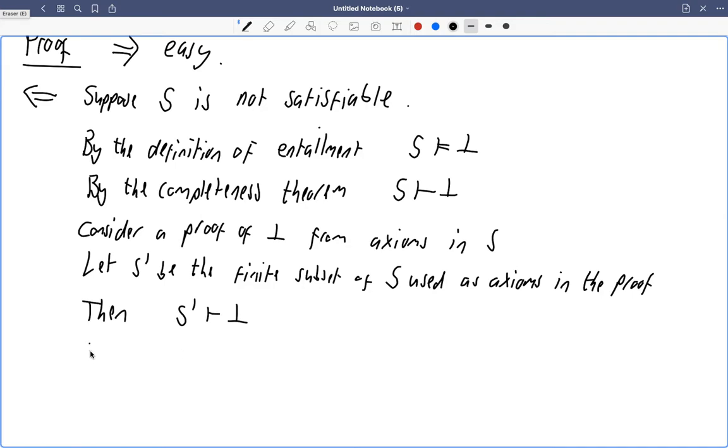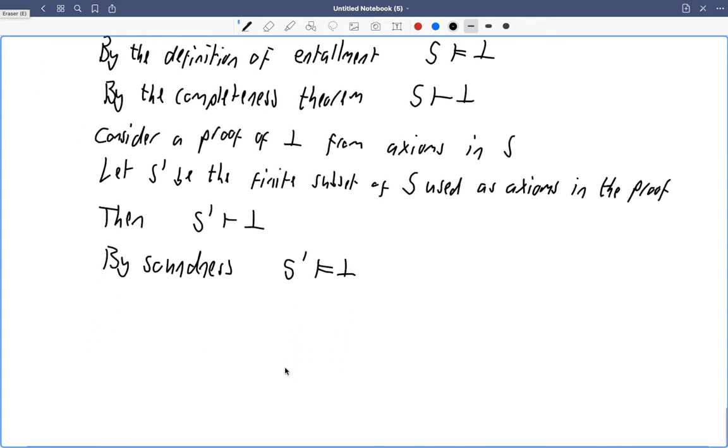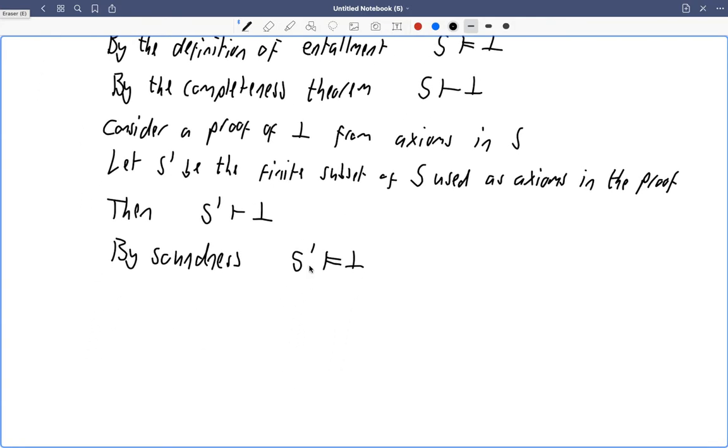And now by soundness, the soundness theorem we did last week, false is entailed by S prime. And this means for any structure that satisfies all the sentences in S prime, the structure satisfies false, but no structure satisfies false, so there are no structures that satisfy the finitely many sentences in S prime.